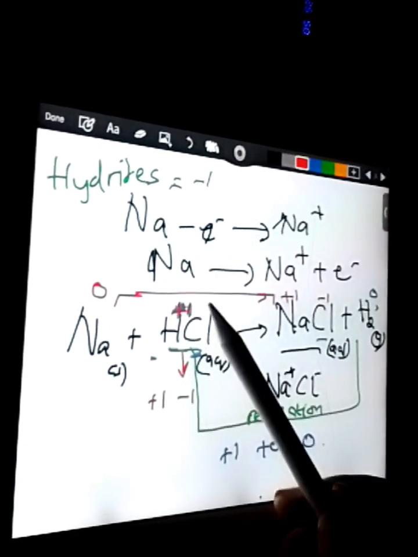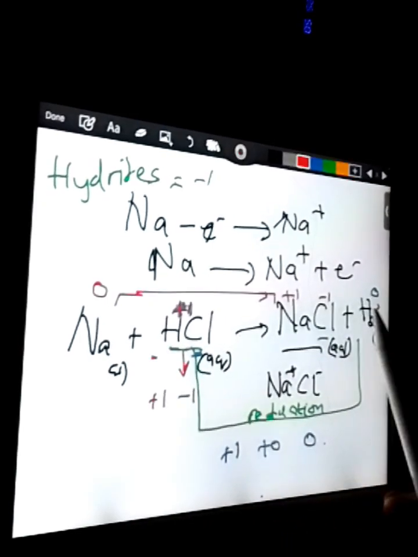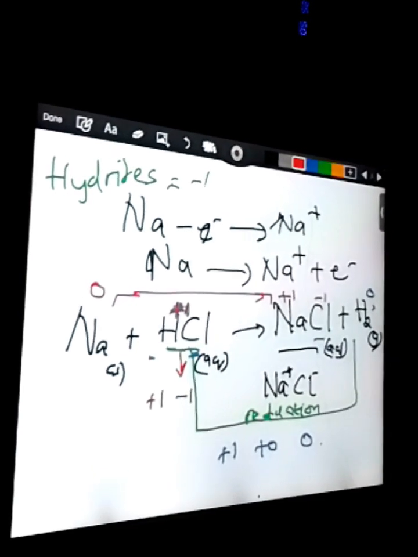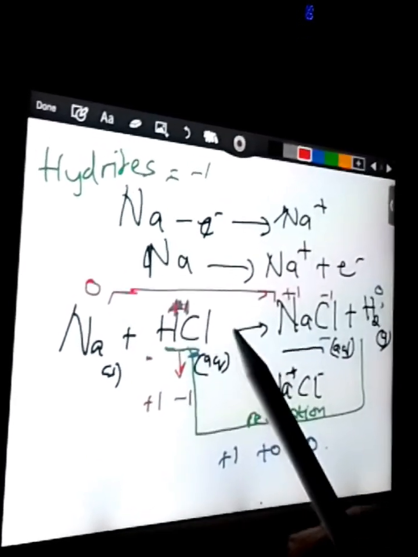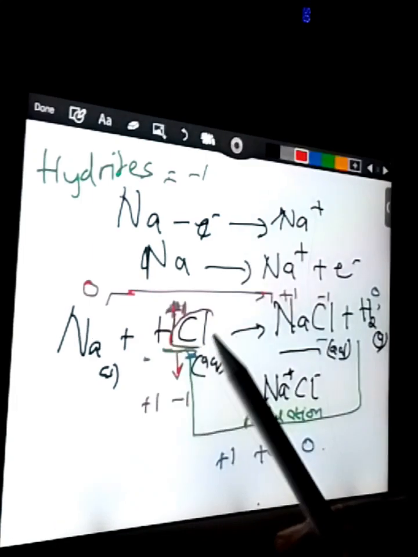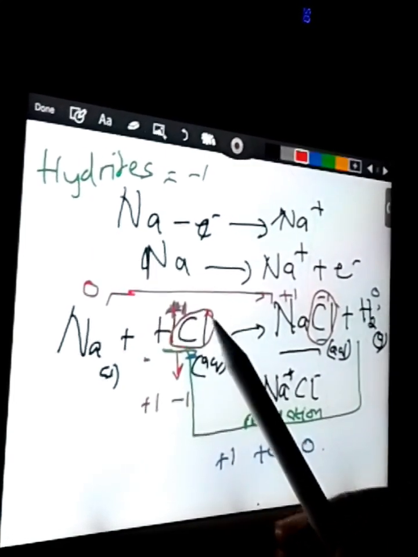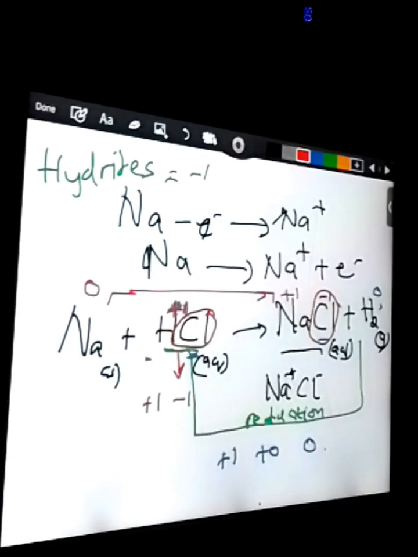So in this case, we call chlorine a spectator ion because it is neither reduced nor oxidized. If you are to write the ionic equation, we are not going to include chlorine because chlorine is a spectator ion. The oxidation state does not change.